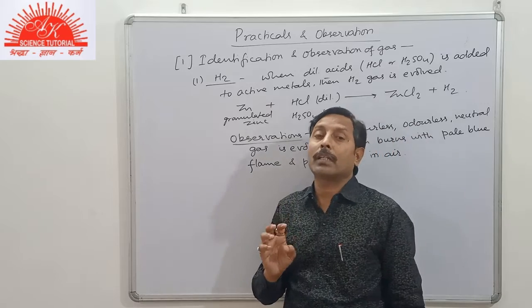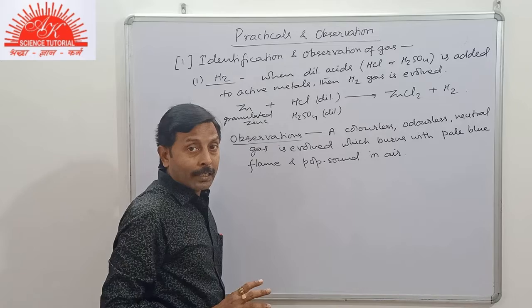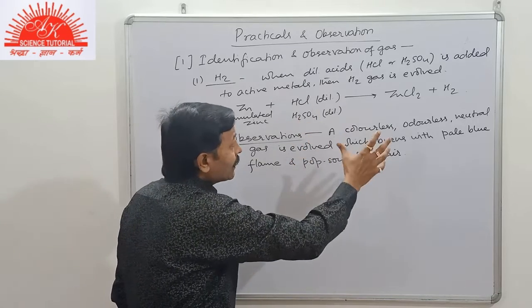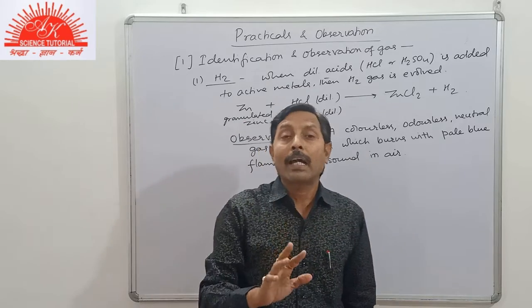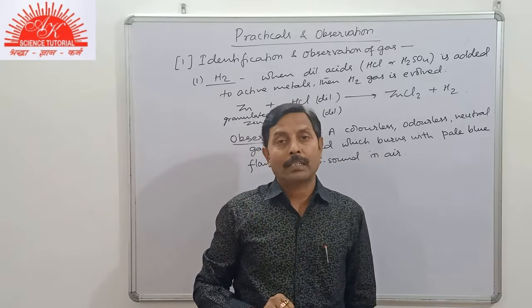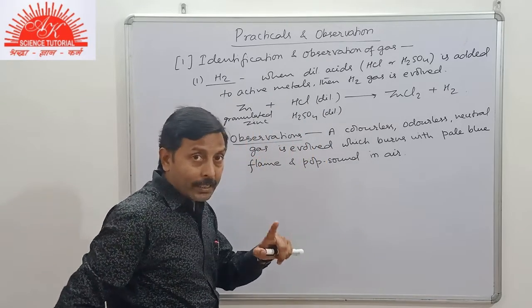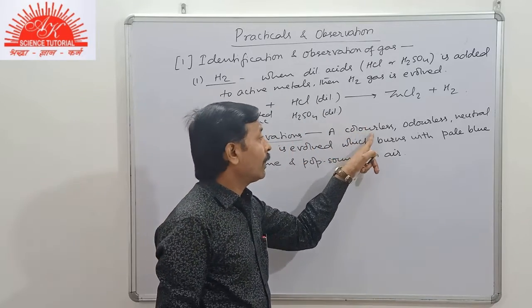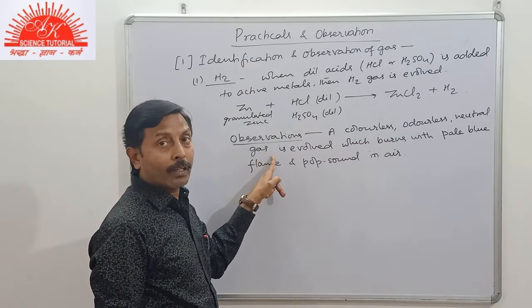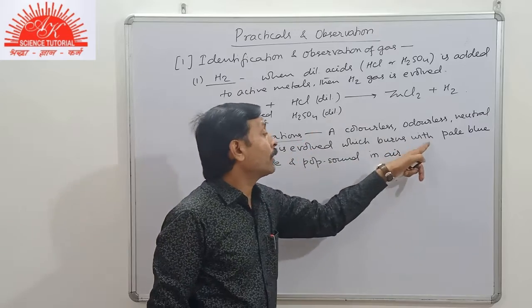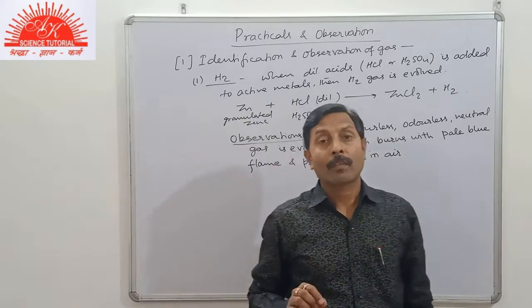Means, students, if the reaction is conducted and the gas is produced which gives this type of observation, it means that it is hydrogen gas. So you will be able to identify it easily. Again, remember, colorless, odorless, neutral gas is evolved which burns with pale blue flame and pop sound in air.